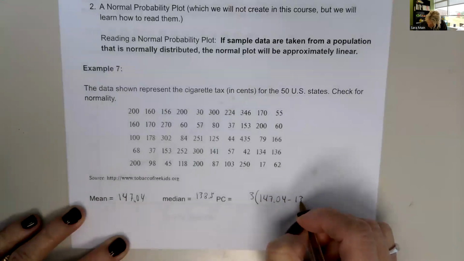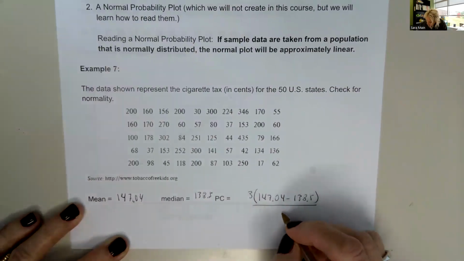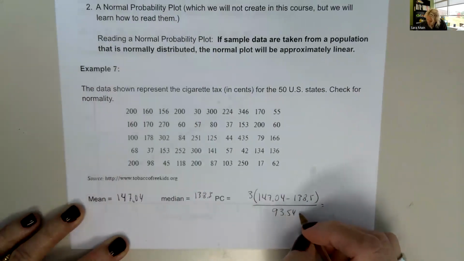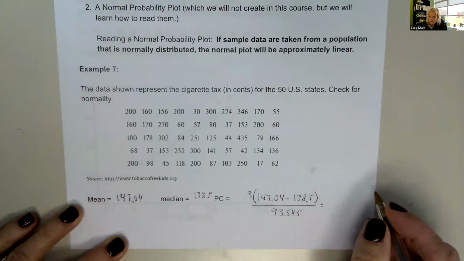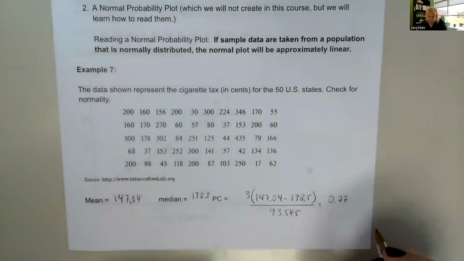the difference divided by the standard deviation, which came out to be 93.54. And the PC ends up being 0.27.